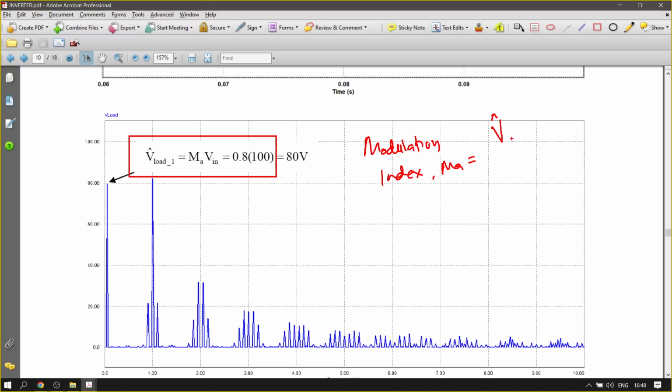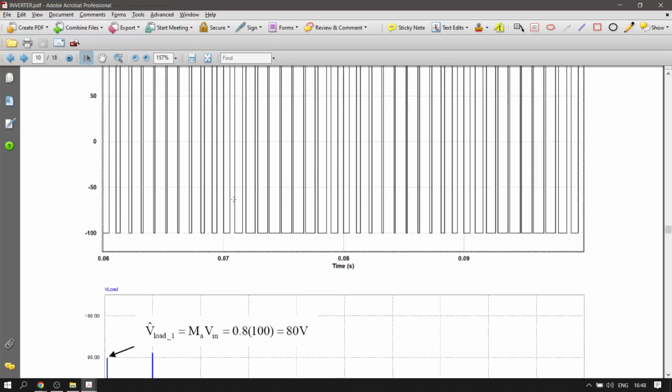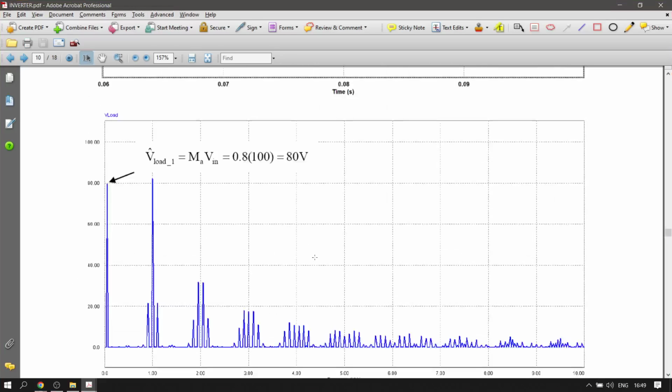Vm, the modulating signal peak, divided by V carrier. Berapa dia modulating signals peak value dia, and then the carrier signals peak value dia. That will determine the modulation index. Right? Okay.